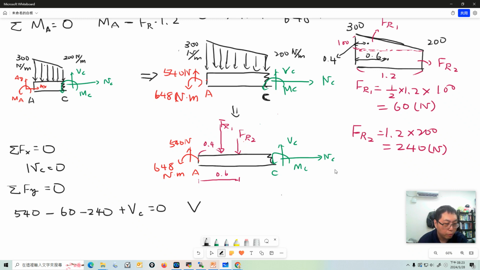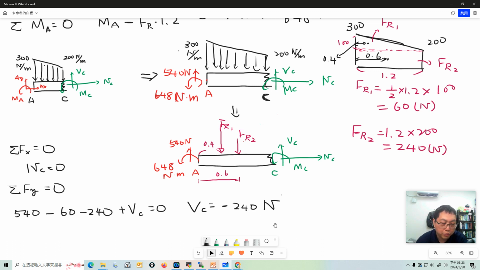So the shear force at C will equal minus 240 Newton.